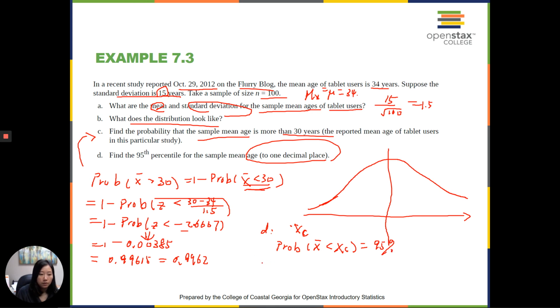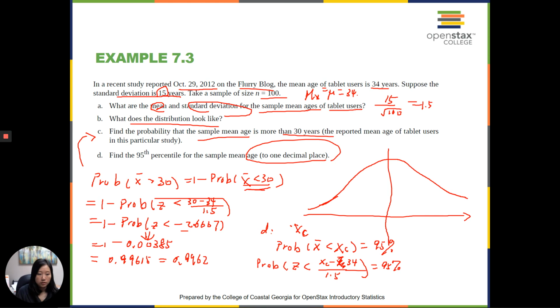We can think of it as the z-score: the probability that z is less than XC minus 34 divided by 1.5 is equal to 95%.